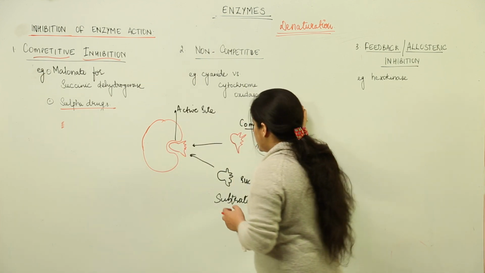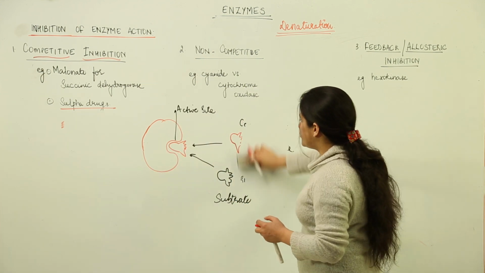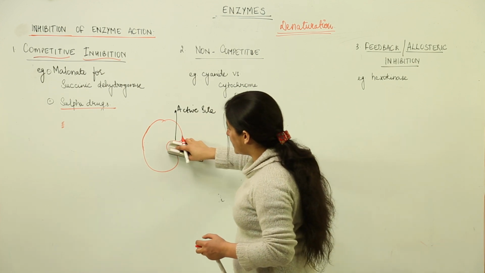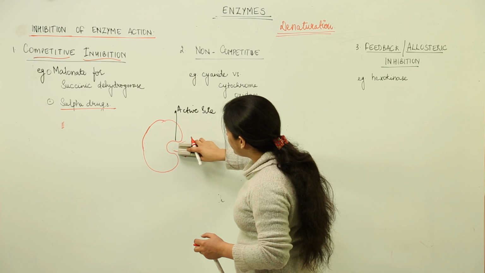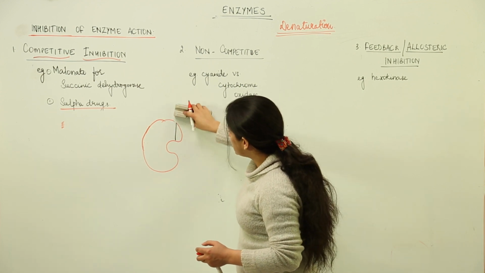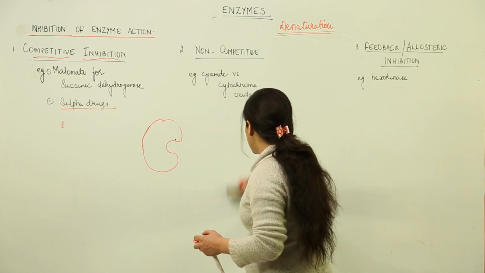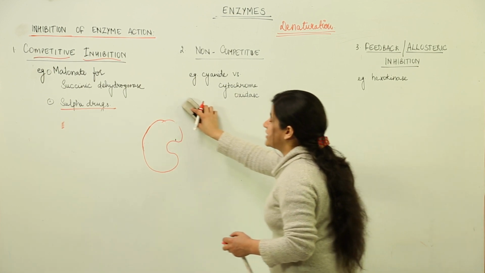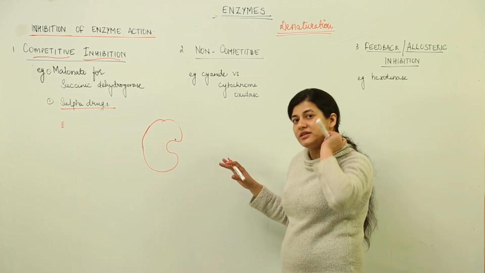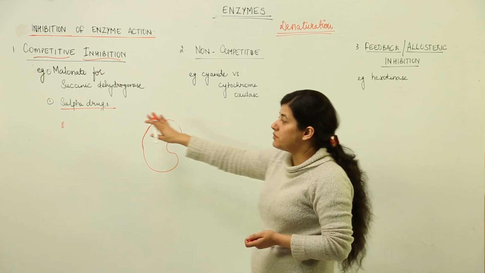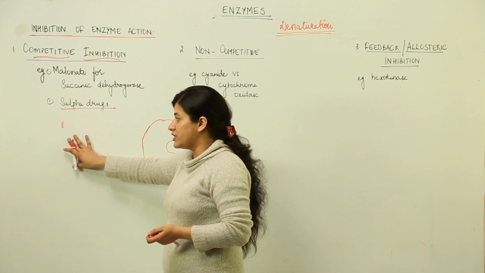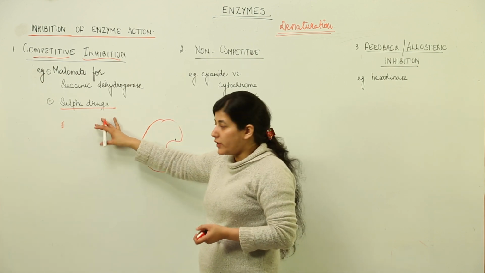Just for your knowledge, remember that in the case of competitive inhibition done by sulfur drugs, they competitively inhibit the folic acid synthesis in bacterial cells. The folic acid synthesis which was to take place inside the bacterial cell is inhibited by these sulfur drugs because they are similar in structure to p-aminobenzoic acid.